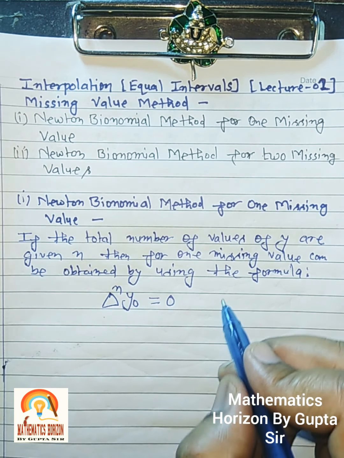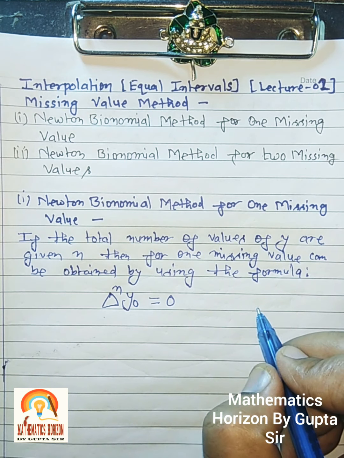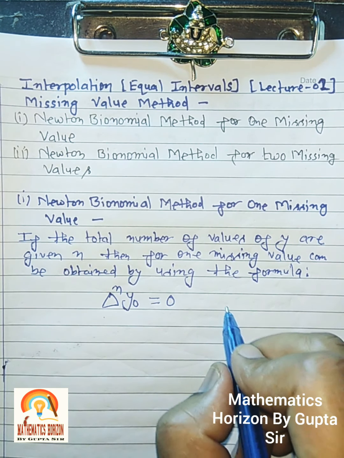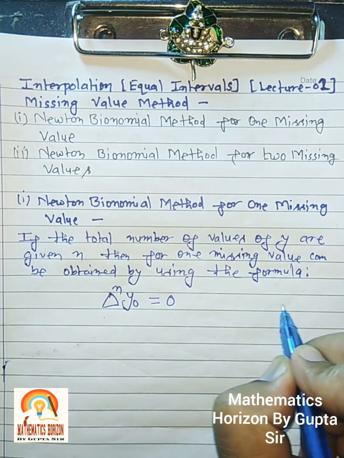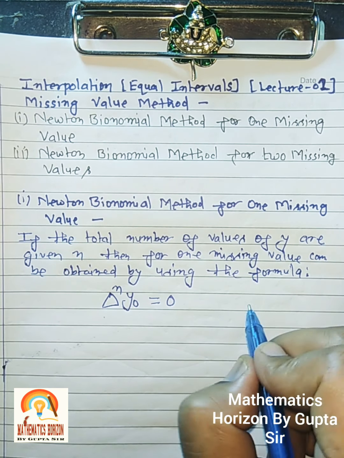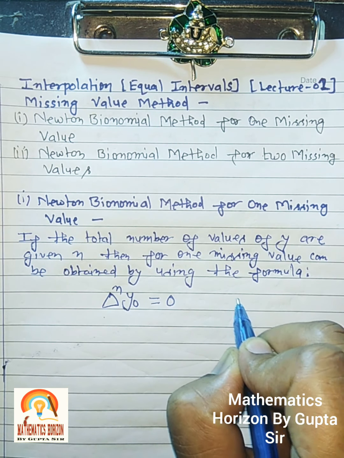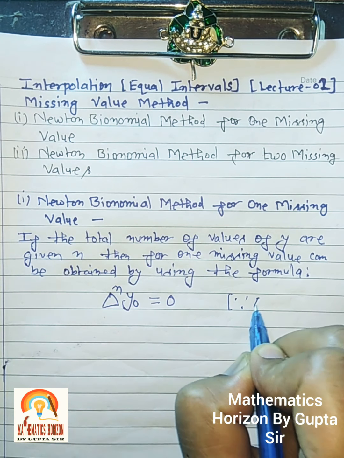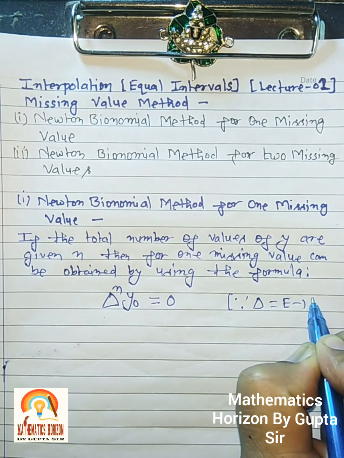We know that there is a relation between delta and E, forward operator and shift operator, that delta is equal to E minus 1.